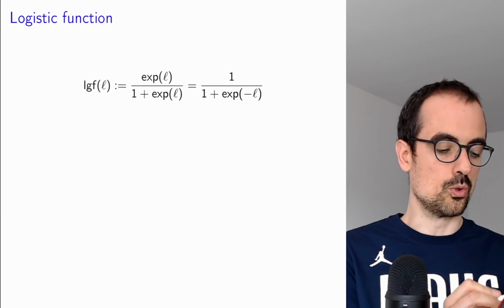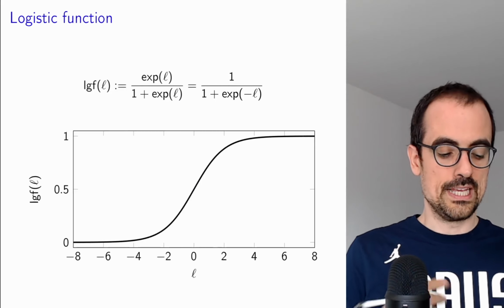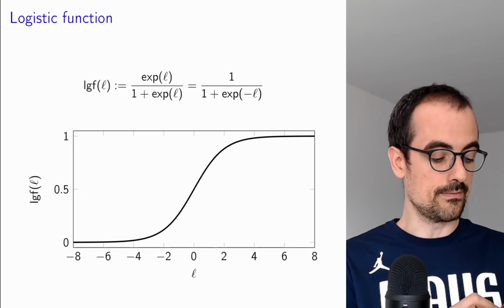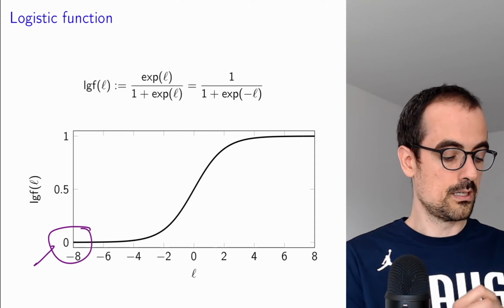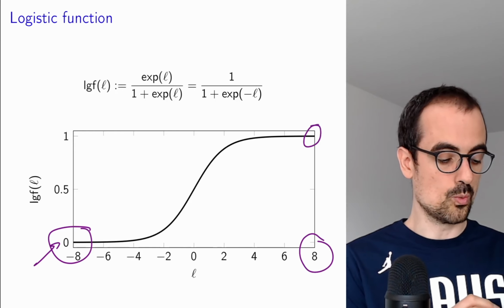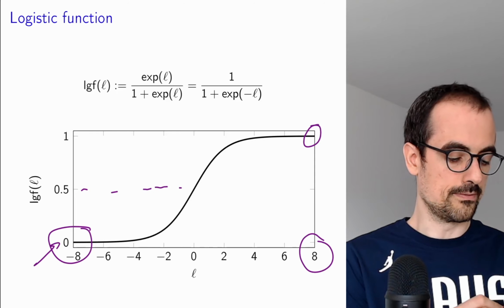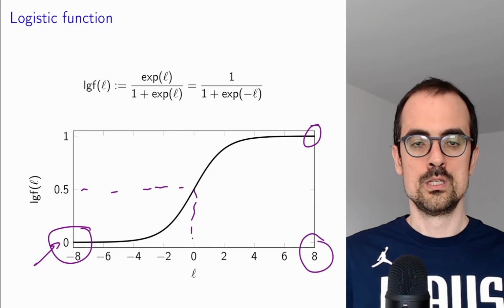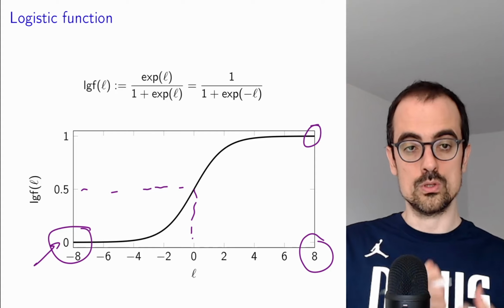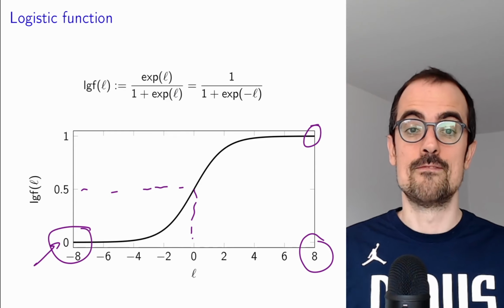Maybe the easier form to look at is 1 over 1 plus exponential of minus L. If we plot this function, it looks like this. When L is negative and very large, then it gets mapped to 0. When L is very positive and very large, it gets mapped to 1. And in the middle, there's this transition where 0.5 corresponds to L equal to 0. The idea is that we're going to take the linear function of the features and just plug it into this function to map it onto values between 0 and 1 so that they are valid probabilities.